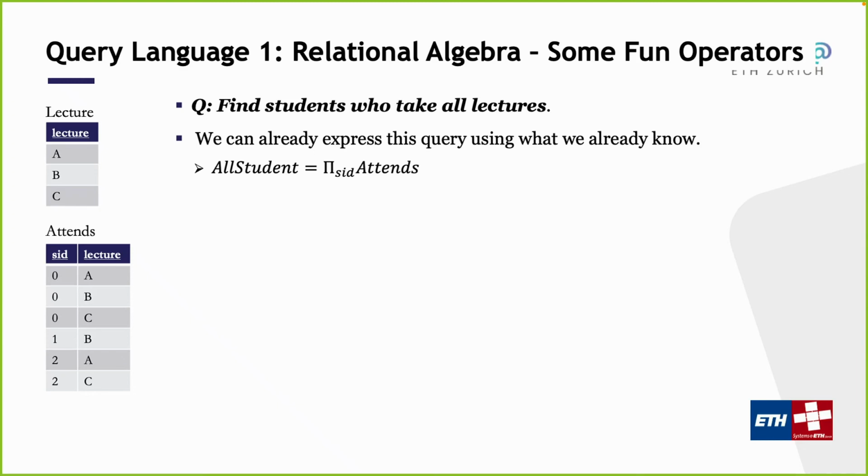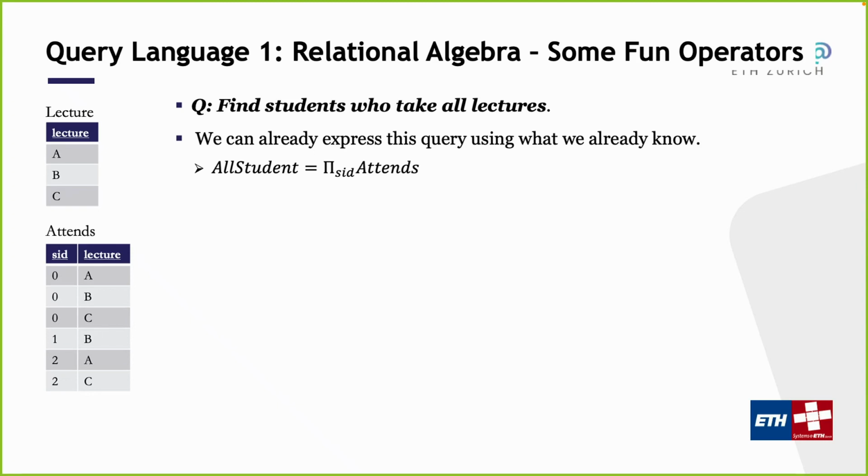Whatever answer you have to the query needs to be a subset of all the students. You want me to give you all the students who take all the lectures, so let me find all the students and remove those who didn't take some lecture. That is how we can approach this.